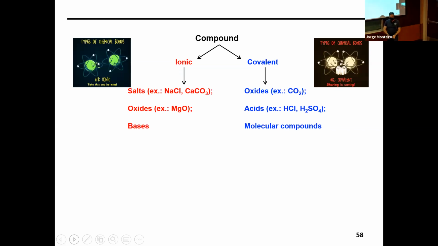Covalent compound, we didn't talk in detail about the bonding, but the bonding is based on sharing of electrons. And again, here we can have oxides, acids, and what we call molecular compounds. A molecular compound is any compound that's not an oxide, a base, an acid, or a salt. And therefore, this is an excellent time to introduce molecular compounds.